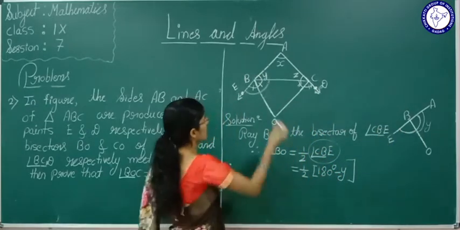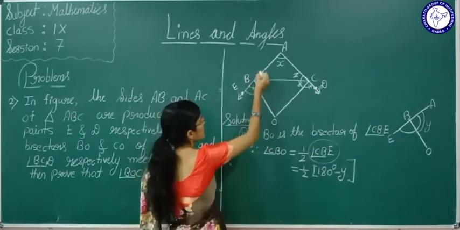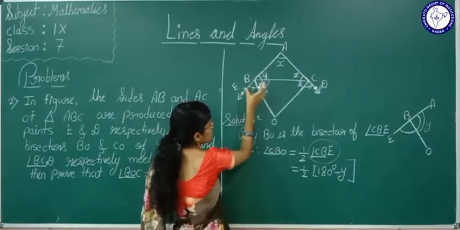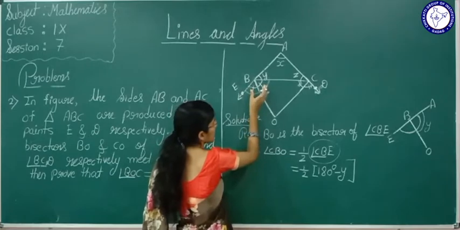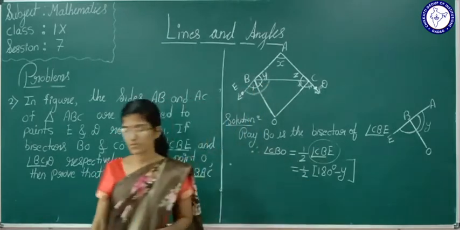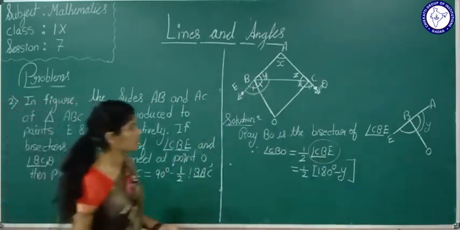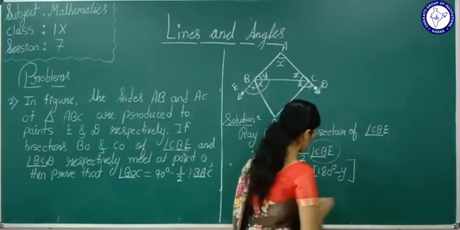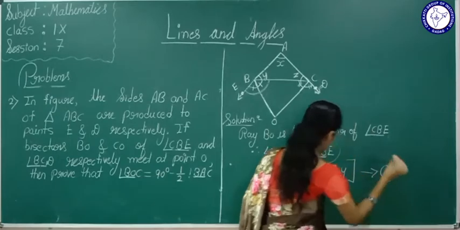Yes or no? This is nothing but a linear pair. This full angle is 180 degree, I want only this much, and this much is nothing but 180 degree minus y. So this I will call equation number 1.